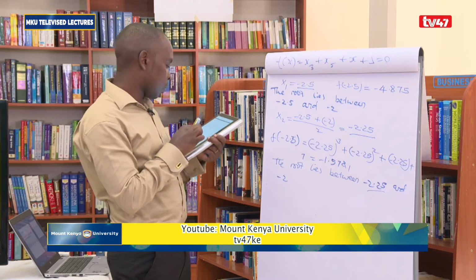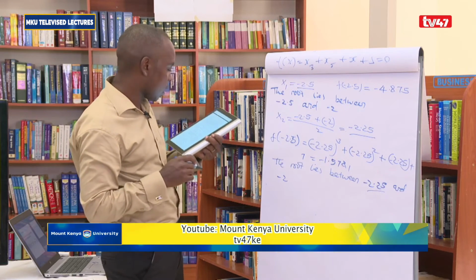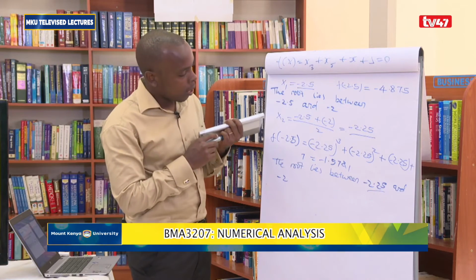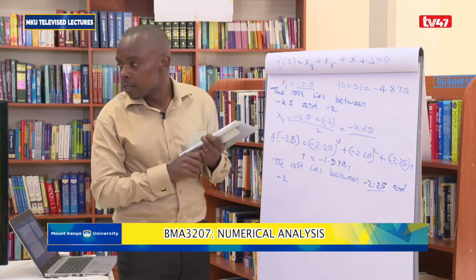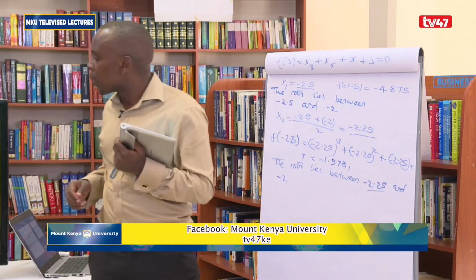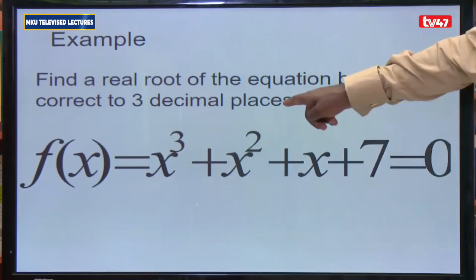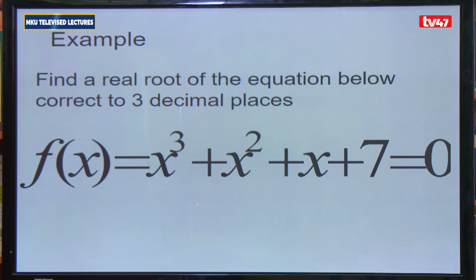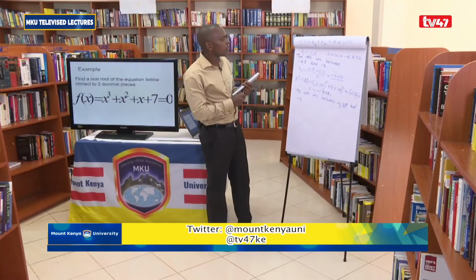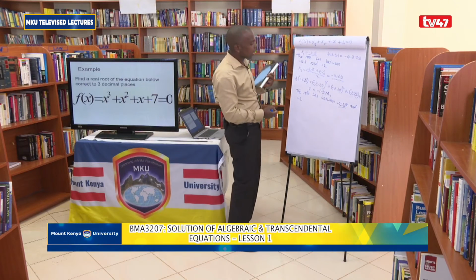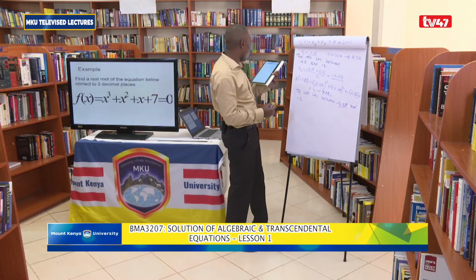We should do successive approximations and see a point whereby we can easily check the decimal places, and from there we can tell that the approximate root is this. So let us see how the other approximations will be.